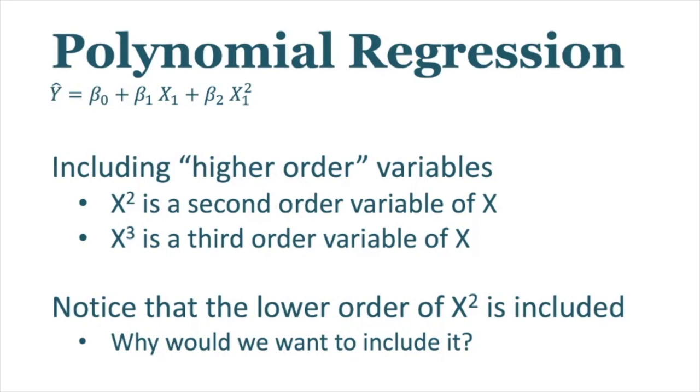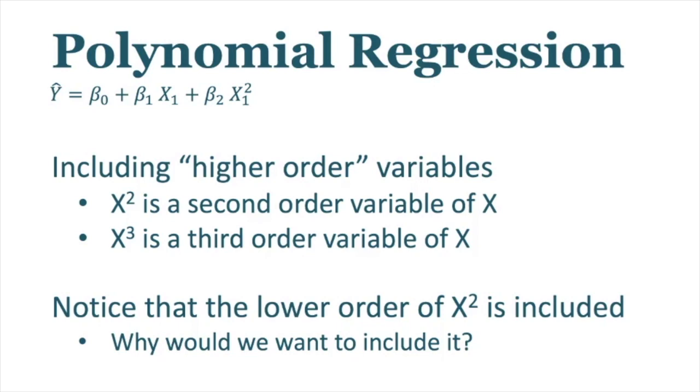If we have it out of the model, the coefficient must be 0 or must not matter for our situation. So if we leave out a lower order of a variable, so we have x squared in there, so we also include x. We include x because we want the model to be able to fit the data the best. And in order to do that, we have to include x so that it can give a value for its coefficient that's not 0. That's one of the reasons.